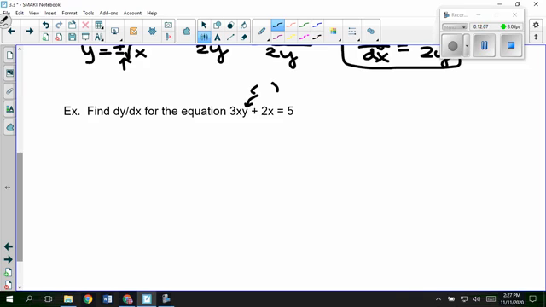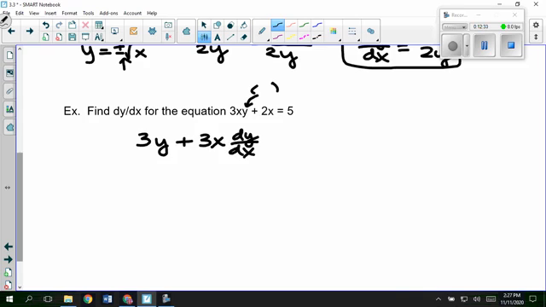So when we do the derivative of this first term, we're going to stick with the product piece. So the product rule: derivative of the first is 3 times the second, which is y, plus the first, 3x, times the derivative of the second. Now the derivative of y is dy/dx. So we put that there.